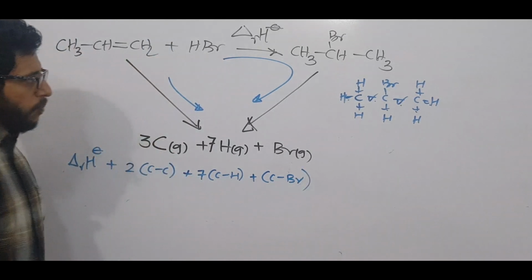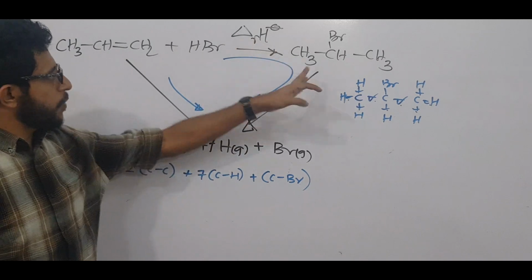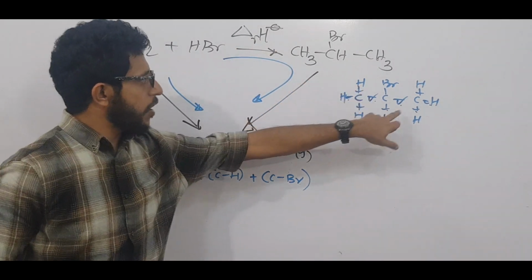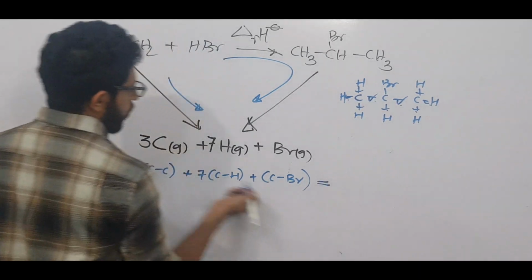So those are the bonds that we have to break in order to form these gaseous atoms. So ΔRH plus 2 C-C, 7 C-H, and then C-Br. That is equal to this side.